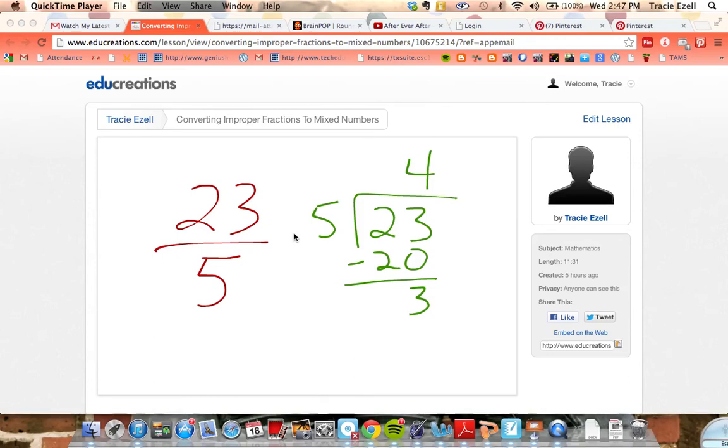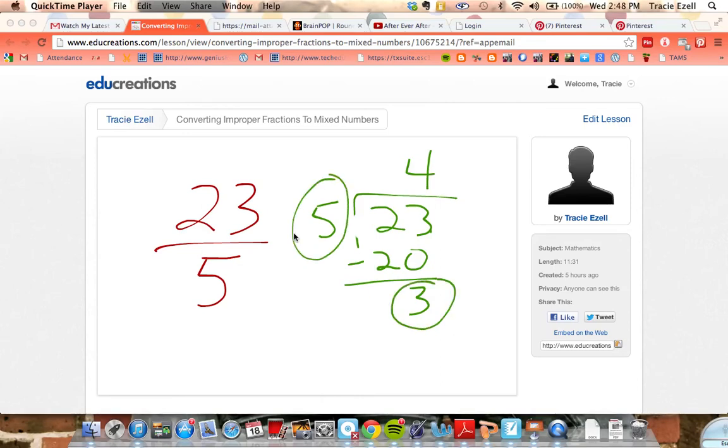Now, if I was writing this in decimal form, I could have added a decimal and a 0 and brought my 0 down, and I could have kept going. But because this is a mixed number, I need it to be in fraction form. So once I've used both of the numbers at the top, which was 23, and subtracted, then this is what I use for my fraction.